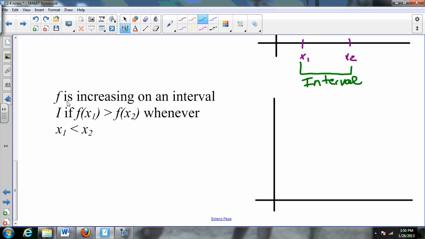F is decreasing on an interval I where f of x1 is greater than f of x2, when x1 is less than x2. So that means x1 and x2 are still in order from left to right.